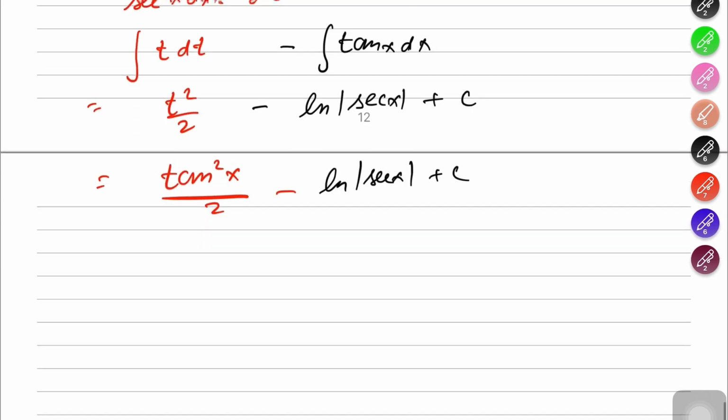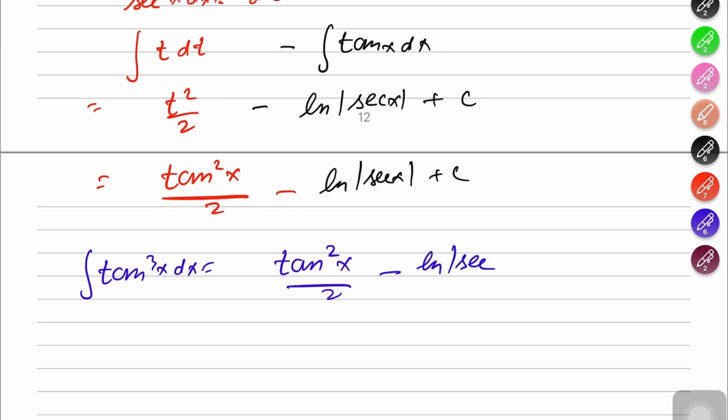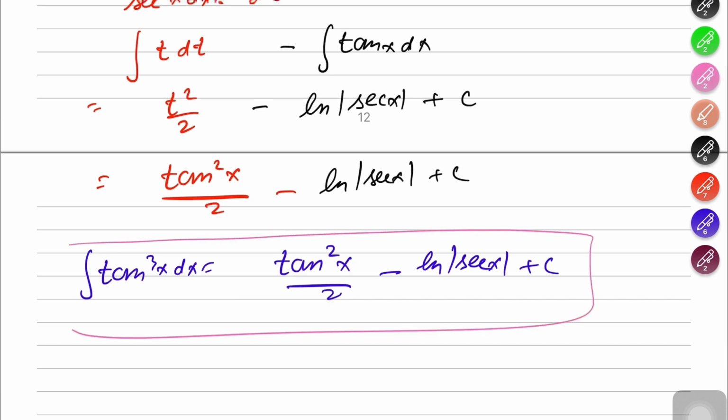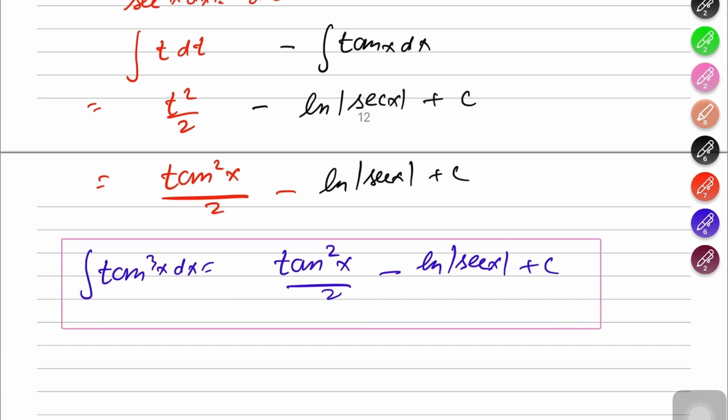So the integration of tan cube x is equal to tan square x upon 2 minus ln mod of sec x plus constant. So this is the integration of tan cube x.